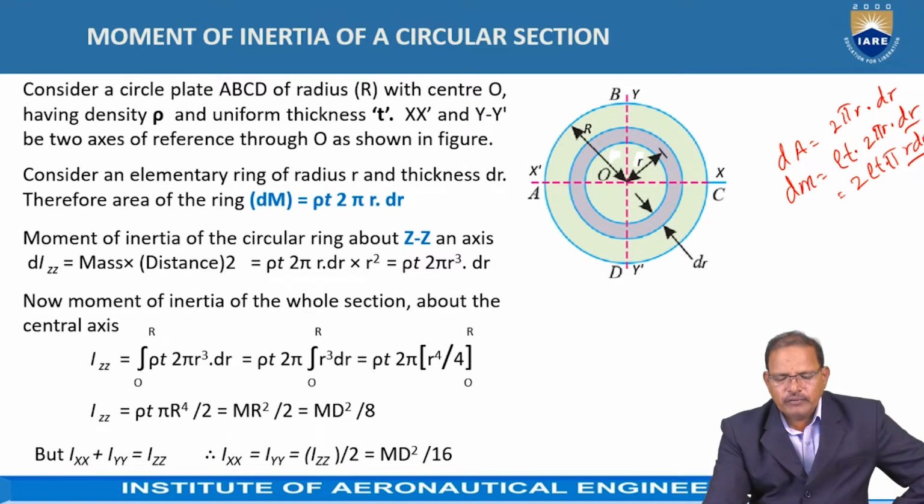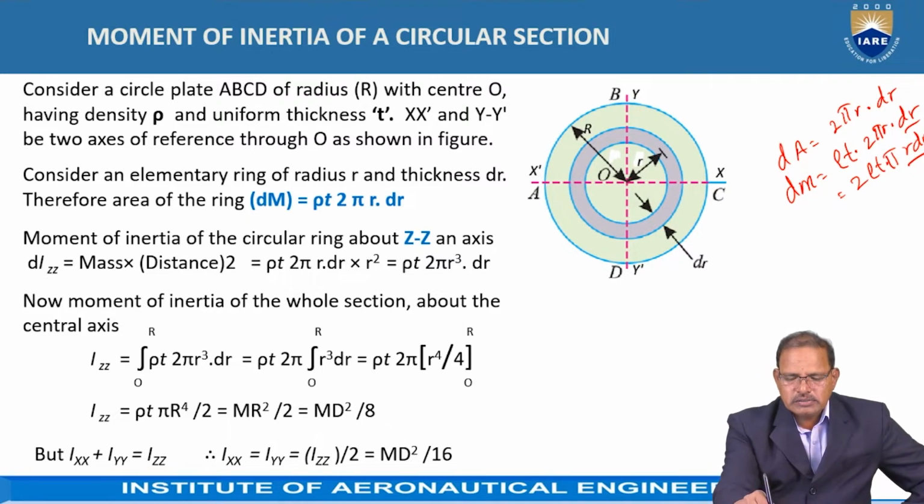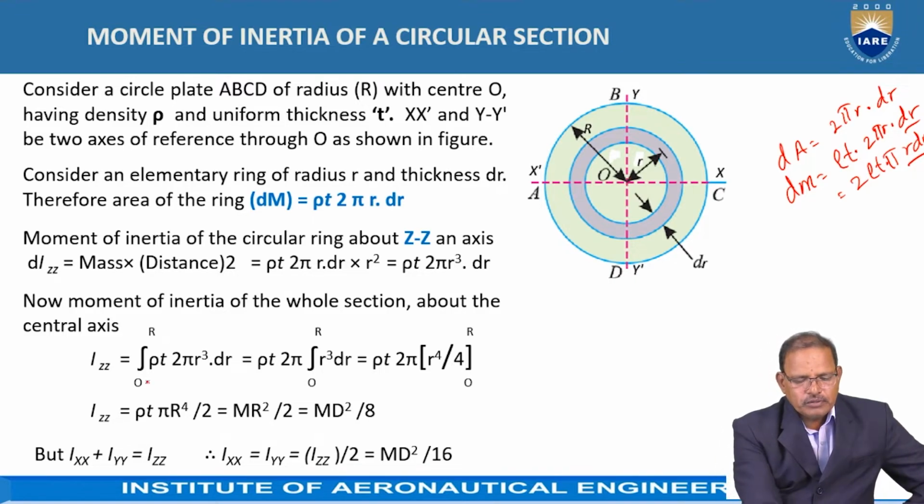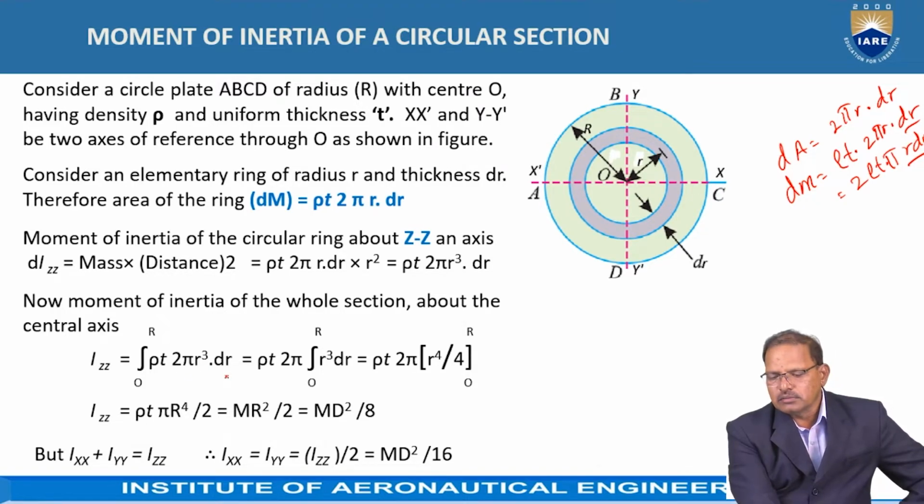So the mass moment of inertia of the entire section, that is, the entire circular plate with uniform thickness, about the z-axis, Izz, is given by integrating from 0 to r, rho T 2 pi r cube dr.